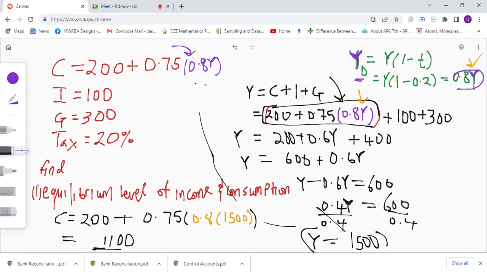Then this Y here, with this 0.8Y, is the Y which we've calculated, the national level of income at equilibrium, 1,500. So if we multiply 0.8 times 1,500, you're getting the disposable income, which is just YD.